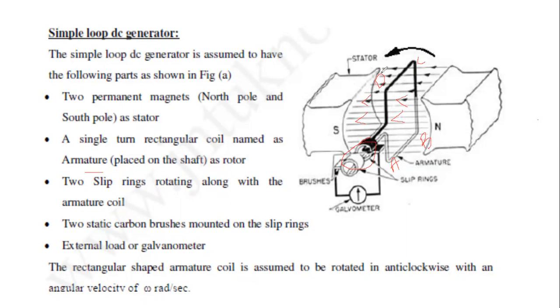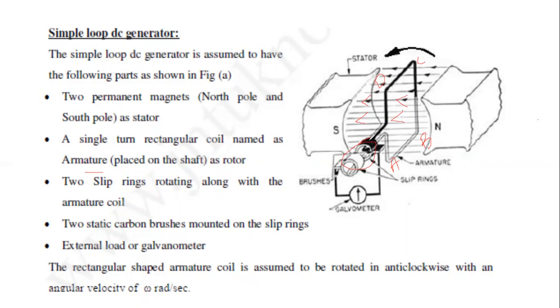We take one rectangular conductor that is placed in between the north and the south pole. Some flux lines are produced in between the poles, and the direction is always north to south. That rectangular conductor is named A, B, C, D. At the end of this conductor, we connect the slip rings, and at the slip rings we connect the carbon brushes.